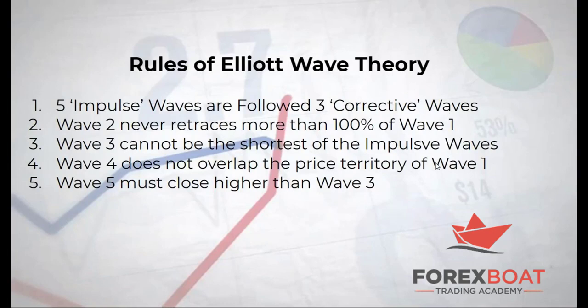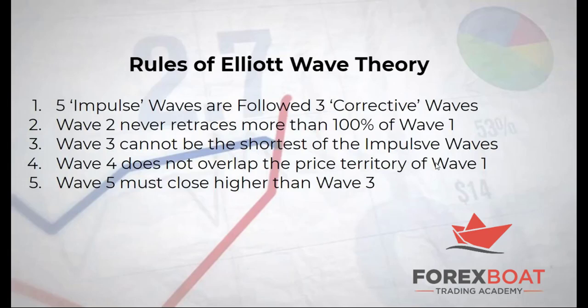Okay, a few other rules, which you will see later on the charts: the second rule is wave 2 never retraces more than 100% of wave 1, meaning the magnitude of wave 2 can never be more than the magnitude of wave 1. Next, wave 3 cannot be the shortest of the impulse waves.